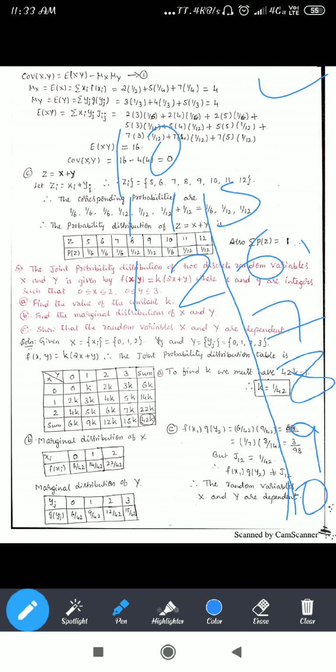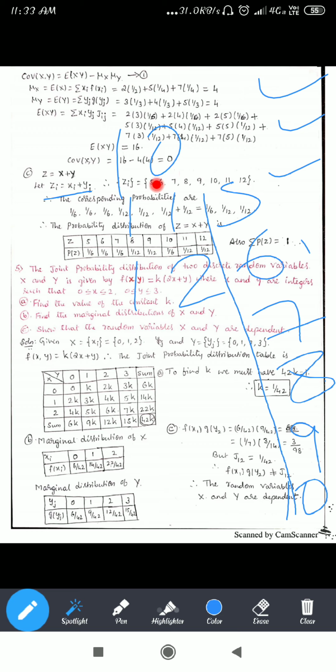So we know how to find covariance. The main thing is this x plus y. The values of z they mentioned are 5, 6, 7, 8, 9, 10. 10 is repeated twice, so once is enough to write in the table. Next 11 and 12. Next, how to find the corresponding probability?